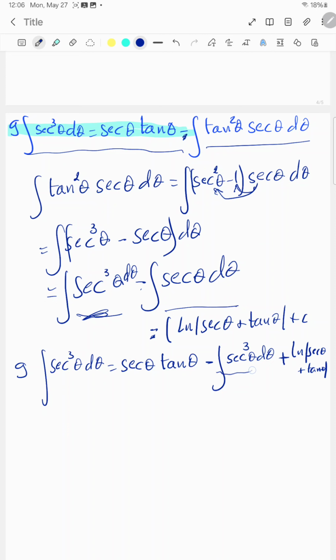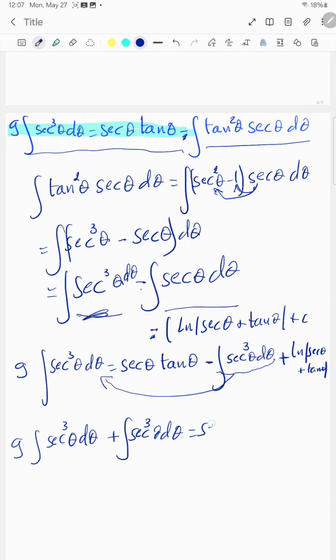So you see this sec theta d theta, if it comes to the left hand side of the equality, the minus becomes plus. So 9 times the integral of sec theta d theta plus the integral of sec to the power of 3 theta equals sec theta tan theta plus ln of sec theta plus tan theta.